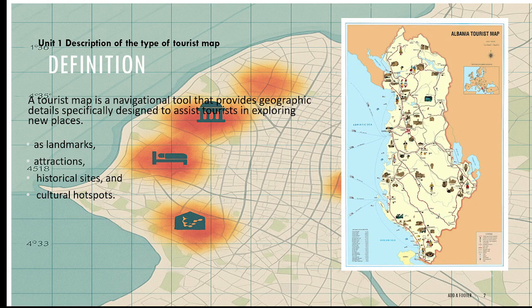Let's see the definition. A tourist map is a navigational tool that provides geographic details specifically designed to assist tourists in exploring new places. This map typically highlights points of interest, such as landmarks, attractions, historical sites, and culture hotspots.